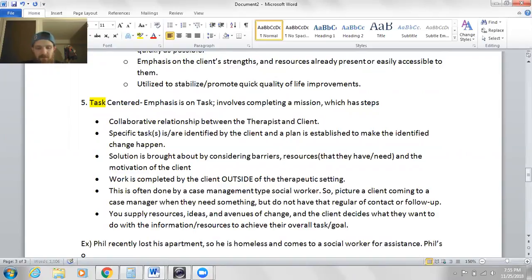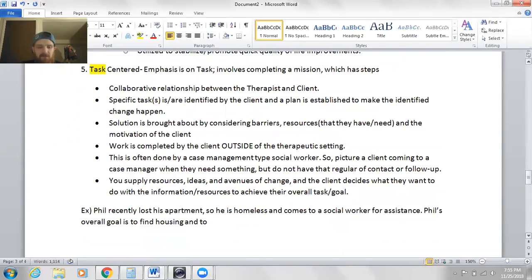Phil's overall goal is to find housing and to improve his overall life.